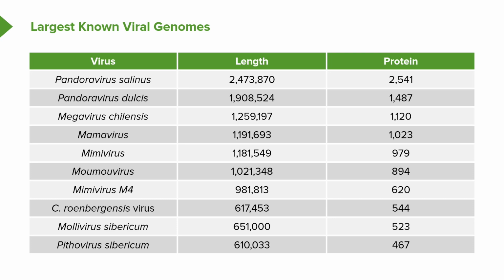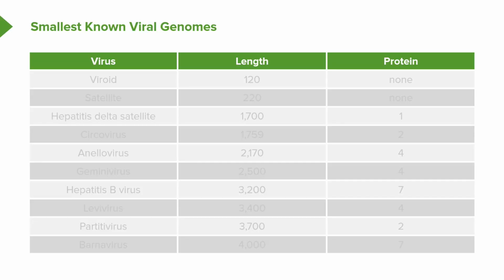At the other extreme are the small virus genomes. Let's take a look at some of those. The smallest known viral genome is from an agent called a viroid. It's 120 nucleotides of circular RNA, and it encodes no proteins. These are typically plant pathogens that enter plant cells and cause disease without encoding any proteins.